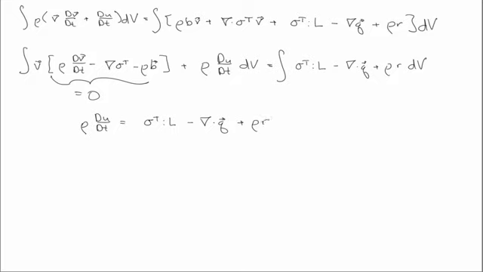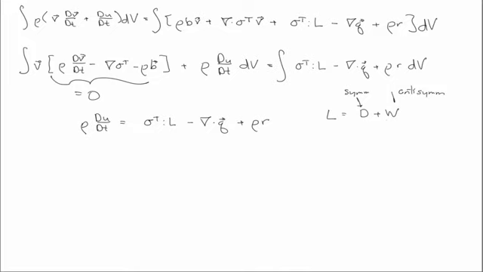And then just one last thing. If you remember, we can decompose L into a symmetric part plus a skew symmetric part. And so if you're taking this inner product and if sigma is symmetric, then, by definition, this is symmetric and this is skew symmetric or anti-symmetric.